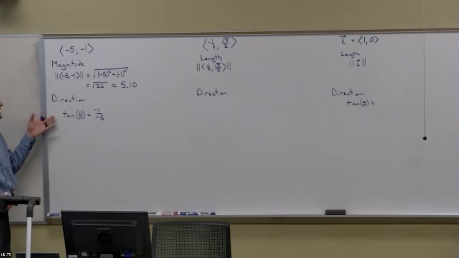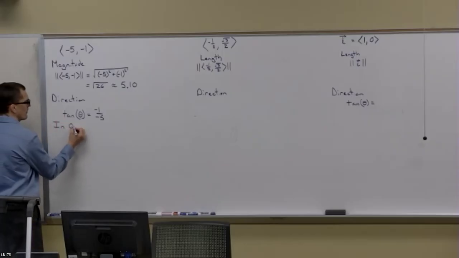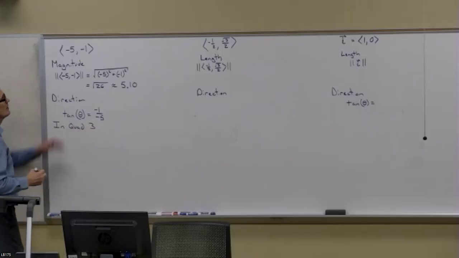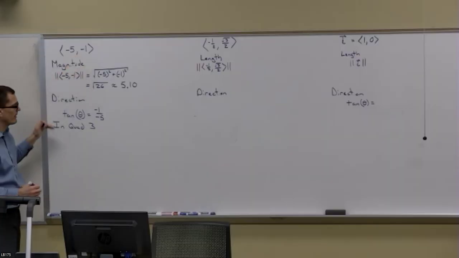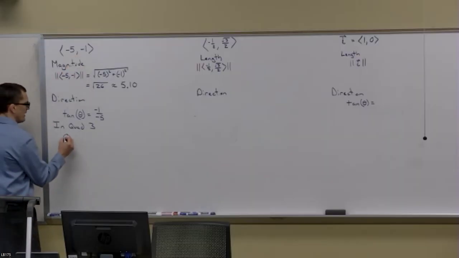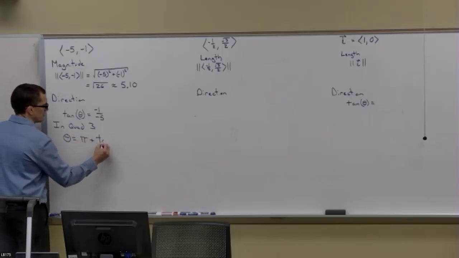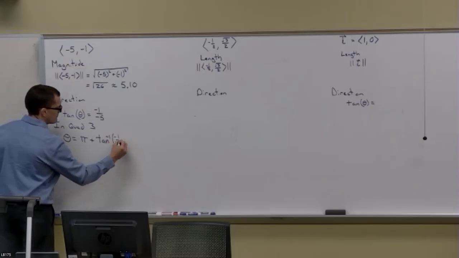The direction here I get by doing tan of the angle is equal to -1 over -5. We're in quadrant 3. We're negative x and y values, so we're in quadrant 3. And that means theta is going to be pi plus the inverse tangent of -1 over -5.